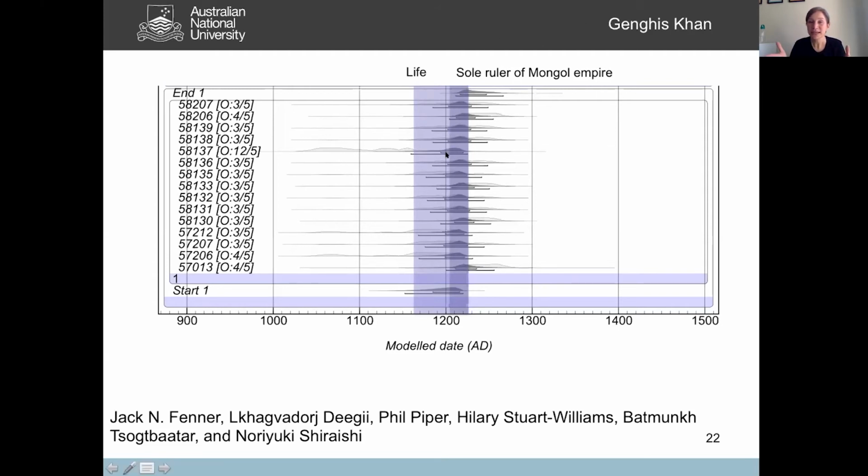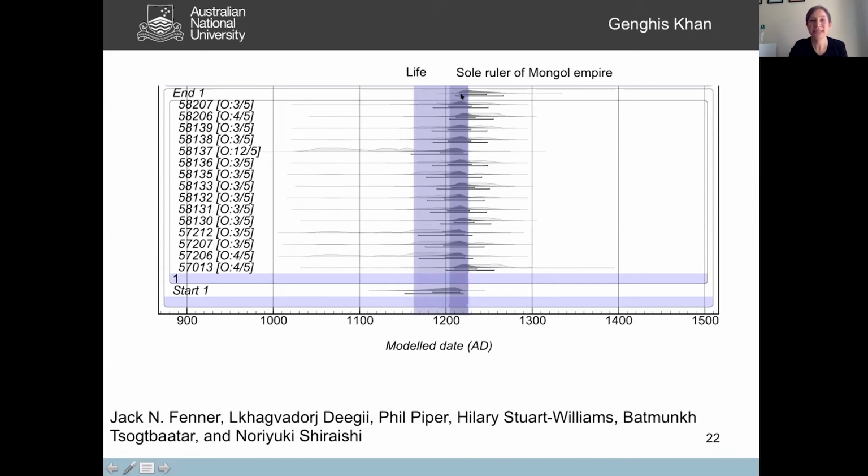And you can see that the precision has increased dramatically. So that's because we're incorporating a lot more information about the chronology. And we can see this here is our start date for the site, and this is the end date for the site.